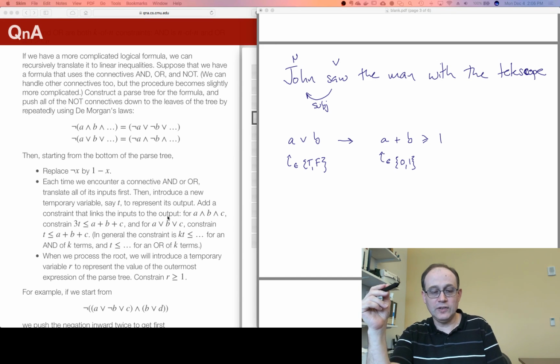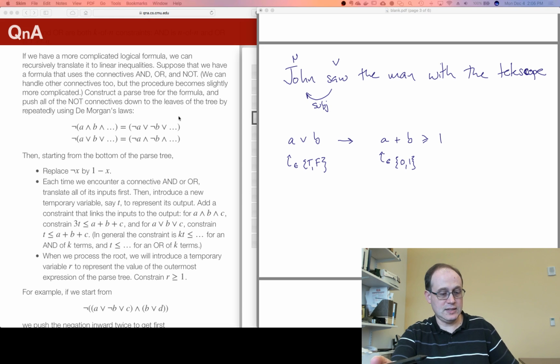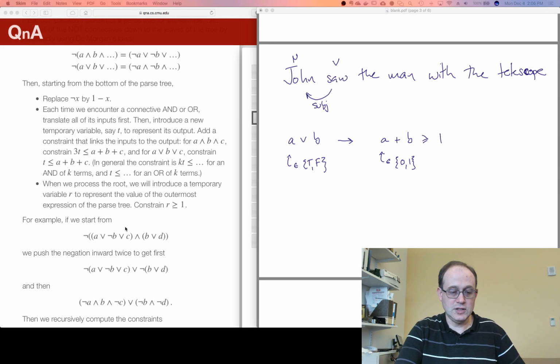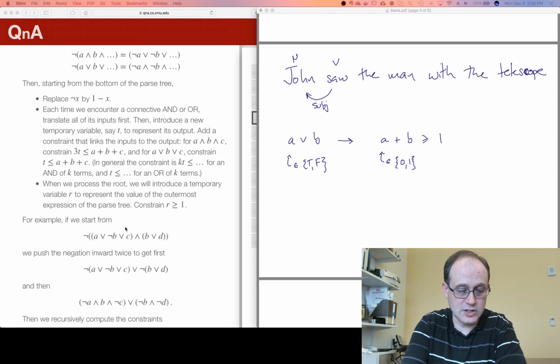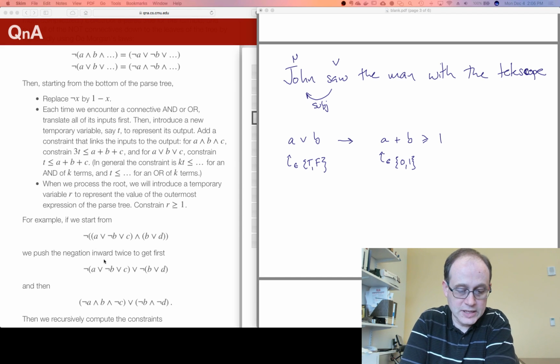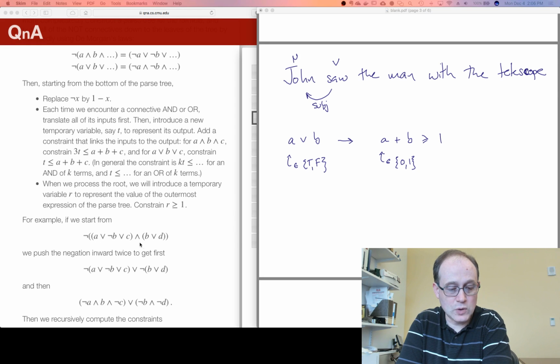I've given rules for doing so here, but maybe it makes more sense to do an example, right, to show how these rules work. So for our example, we're going to start from this formula here: A or not B or C and B or D, whole thing negated.